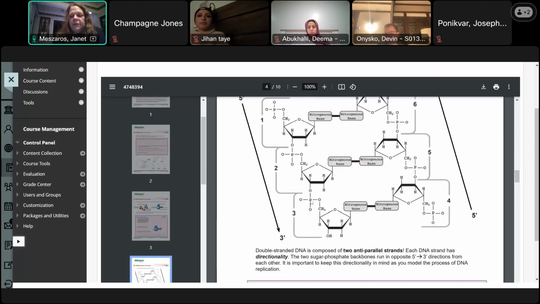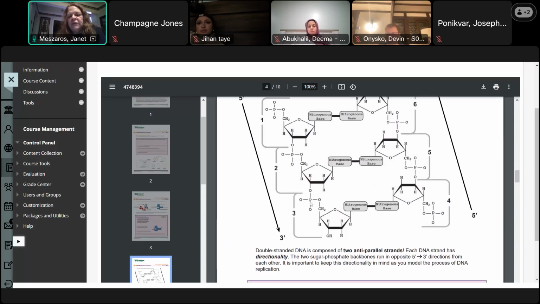Now, pretend that this one wasn't there yet. There would be an OH there, right? Now this nucleotide is coming in. It's got a base at the 1' carbon, an OH group, a hydroxyl at the 3' carbon, and at the 5' carbon, it's got a phosphate group.